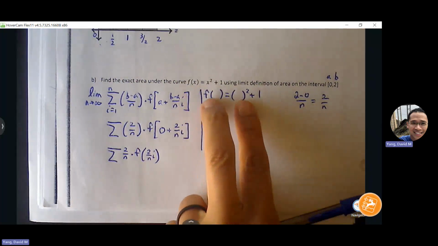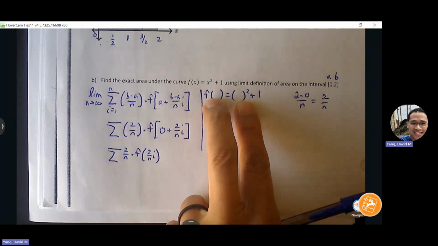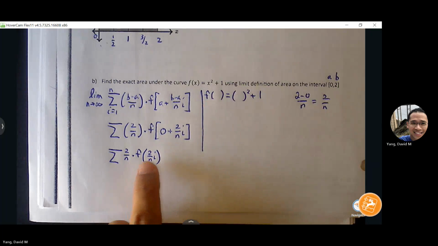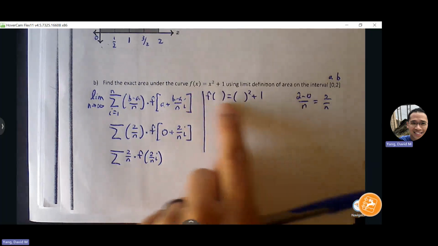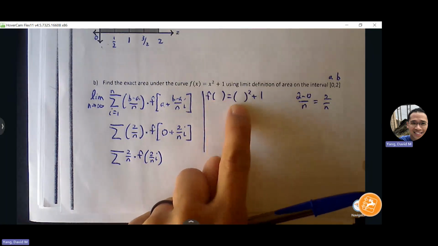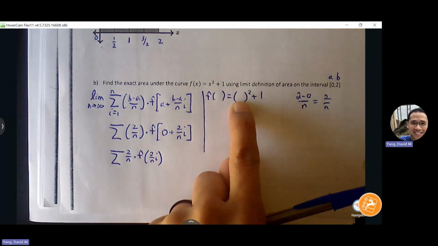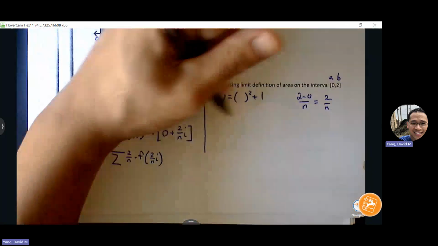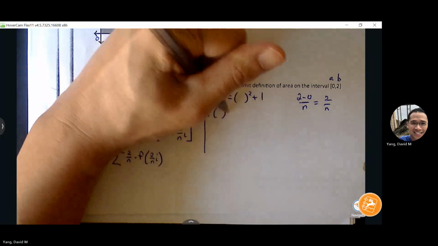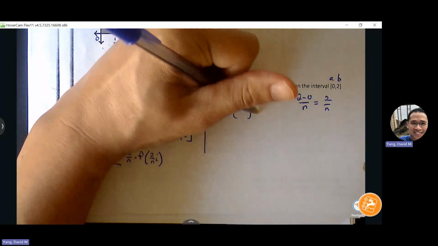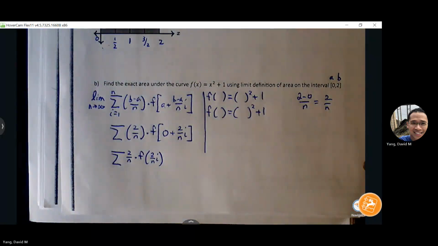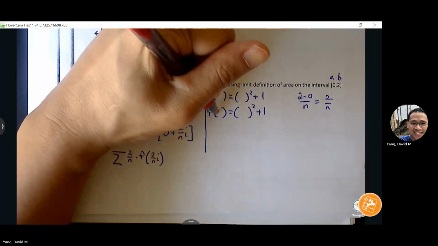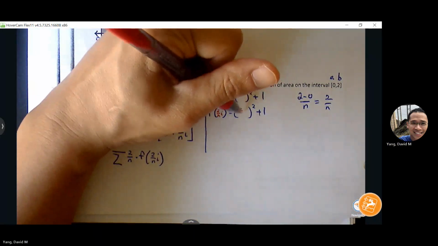And that way you leave the appropriate space for your new argument. So I'm just rewriting the function, but purposely leaving the x out of it and putting parentheses around it. So now if I want to find f of 2i over n, I can just put them in the right space without accidentally putting it where it's not supposed to go.